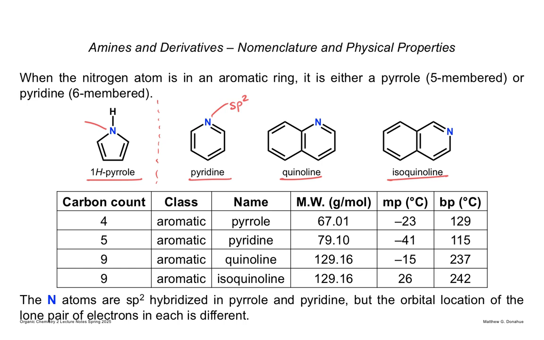It looks like it's sp3, but it's also actually sp2. So we know it has to be sp2 because we already learned it's aromatic. And the reason that it's sp2 is because the lone pair has to be in conjugation with these pi bonds.